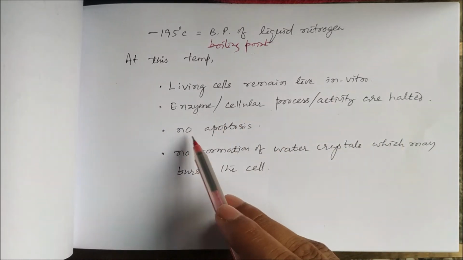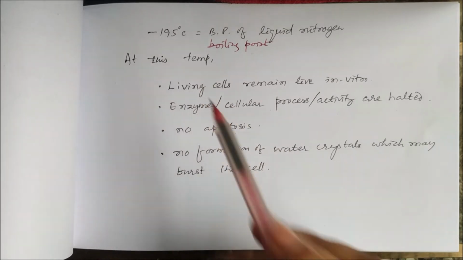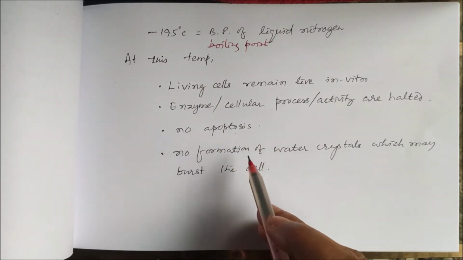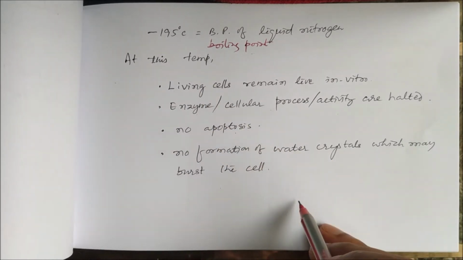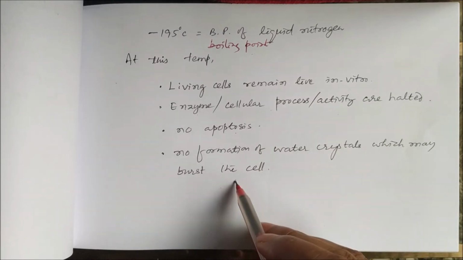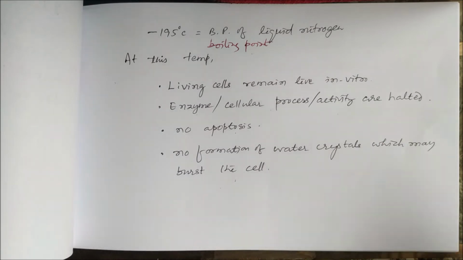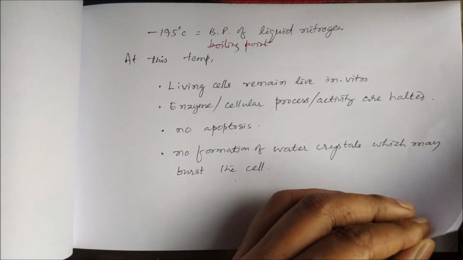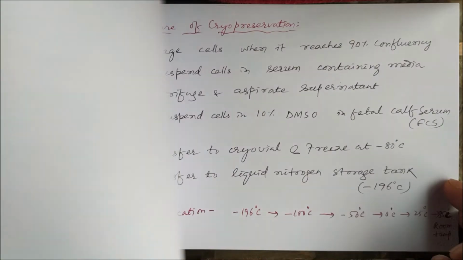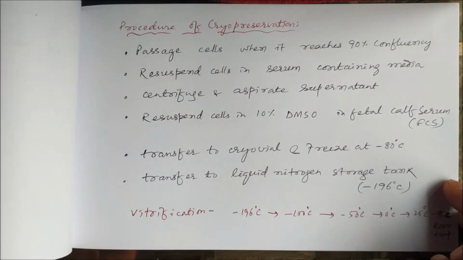There is no apoptosis or cell death. There is no formation of water crystals, because water crystals may burst the cell. So for cryopreservation we need a temperature around minus 200 degrees Celsius.